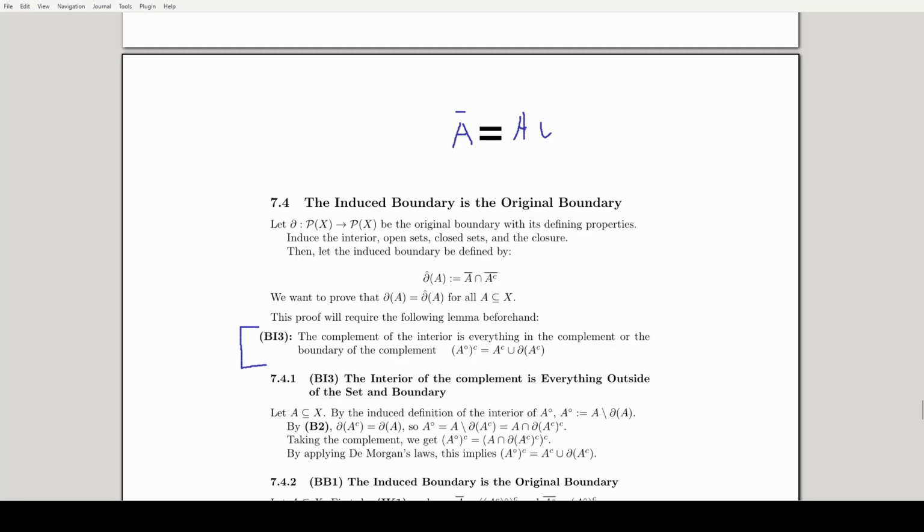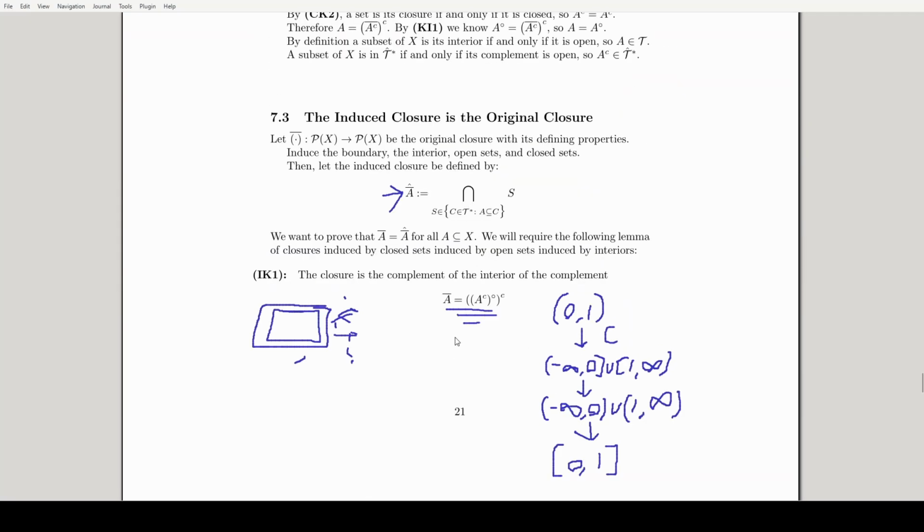We had this previously proven, and we just basically take the complement of A and replace the closure of the complement with the interior of the complement, which we can do from up here by taking the complement of both sides.